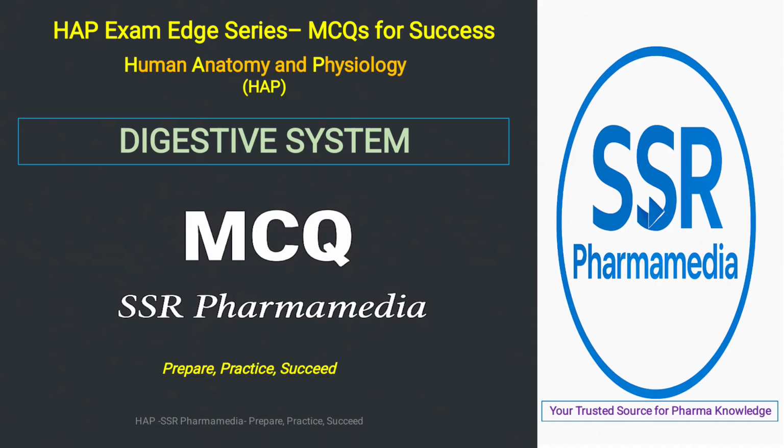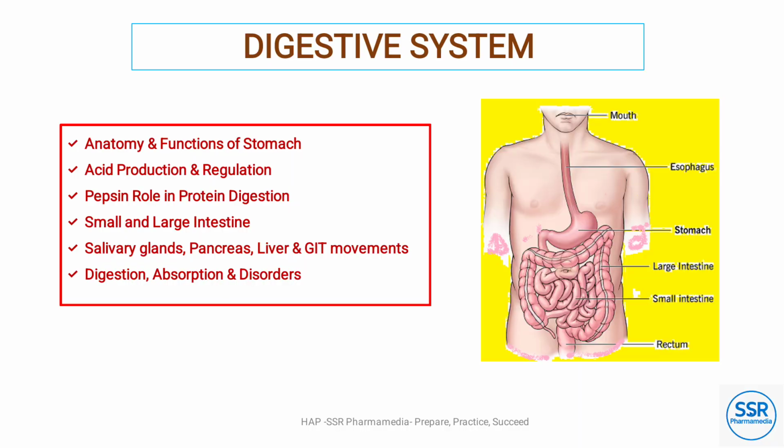Human Anatomy and Physiology. Today we are going to discuss the digestive system. Prepare, practice, succeed. In the digestive system, we are going to discuss the anatomy and functions of the stomach, acid production and regulation, pepsin's role in protein digestion, small and large intestine, salivary glands, pancreas, liver and GI movements, digestion, absorption and disorders.